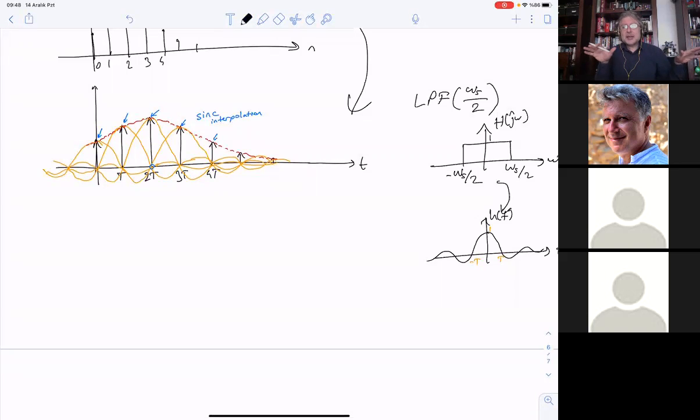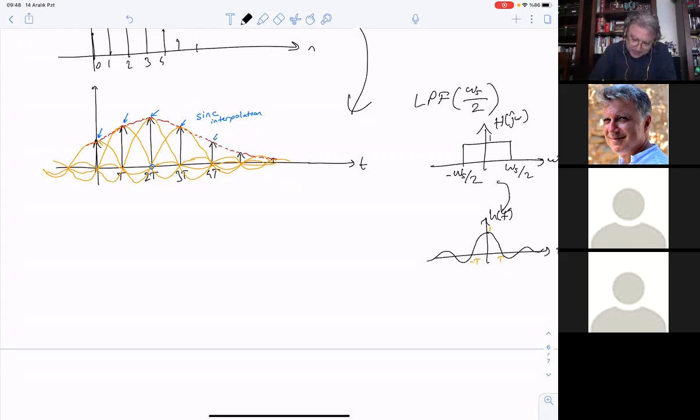But you cannot shift a sinc signal to the right-hand side and make it still causal, because it is from minus infinity. So you have to push it all the way for plus infinity seconds. And that's not possible.